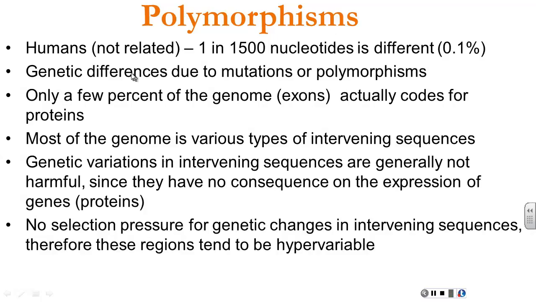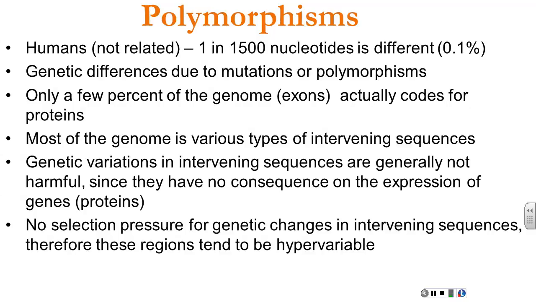Only a few percent of the genome encodes exons that actually code for proteins. When you mutate those, very often the mutation has functional significance. Therefore, you're going to cause a selective advantage or disadvantage to having that particular allele.